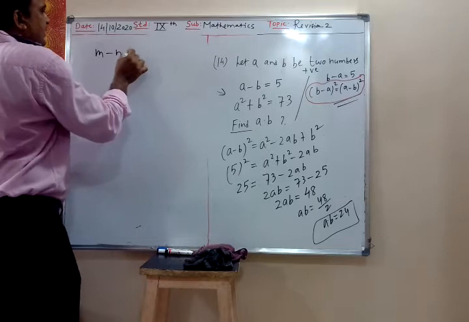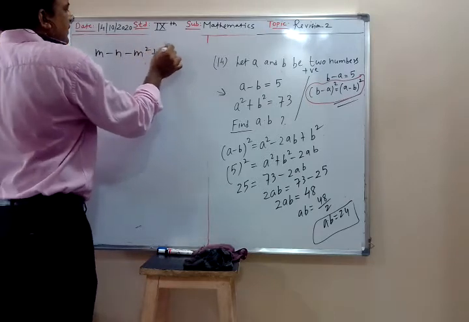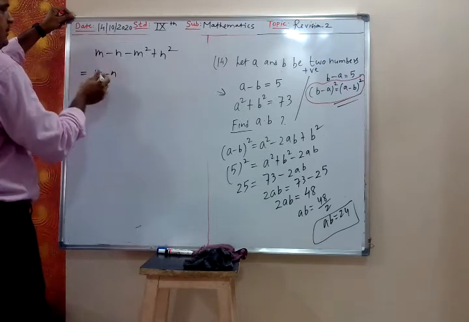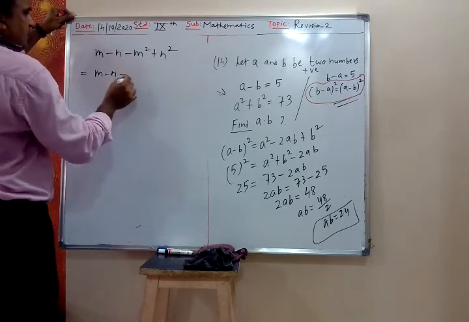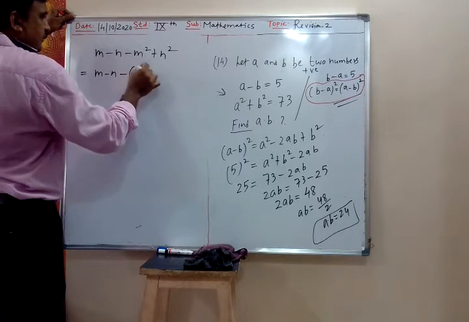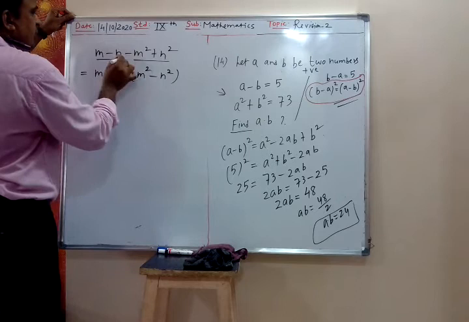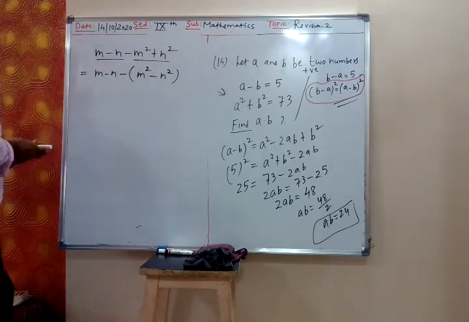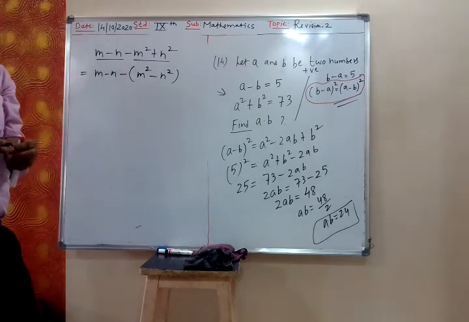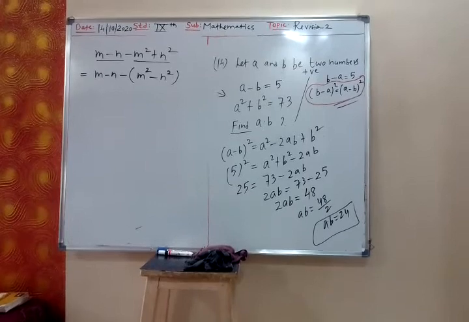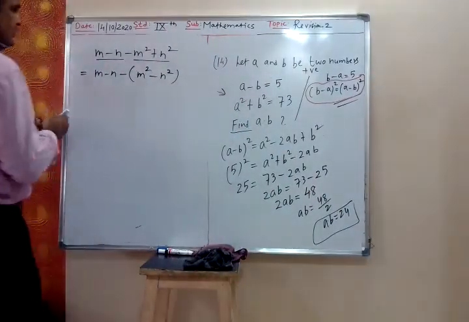M minus n minus m square plus n square, correct? Now what we do? We write this m minus n, minus this, we write m square minus n square. We take minus common in these two. We do the grouping. Just factorization. M minus n, minus we take common m square minus n square.